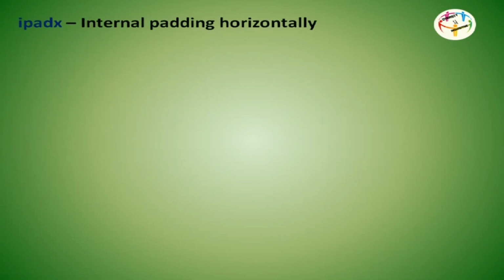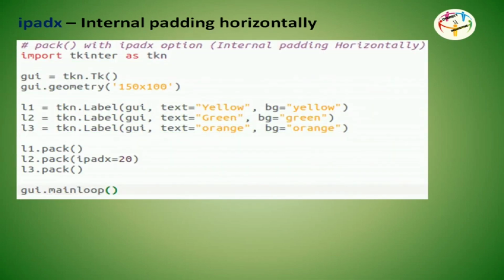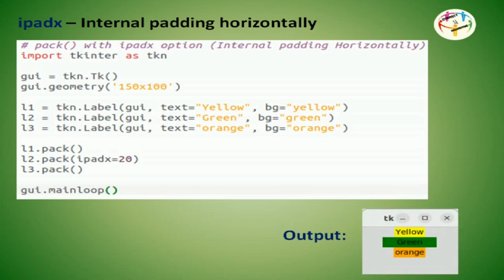Next option is internal padding horizontally. In this example 3 labels are used, yellow, green and orange, and padding is applied only for label 2, this green label. Look here, this space is called internal padding horizontally, means the space between the edge of the text and the edge of the widget.